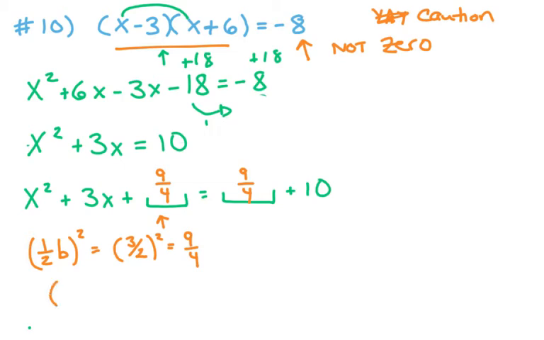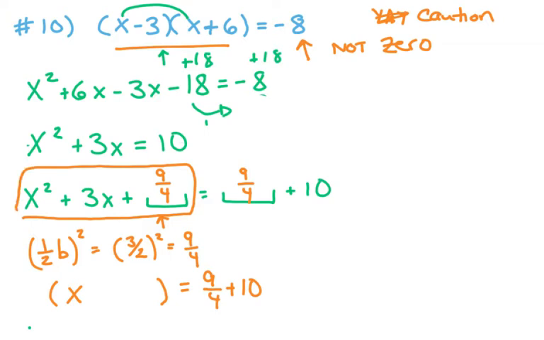So what are we looking at on the left-hand side? Okay, so I have on the left-hand side 9/4 plus 10. How does this thing factor? That's the question that you might find a little troubling.